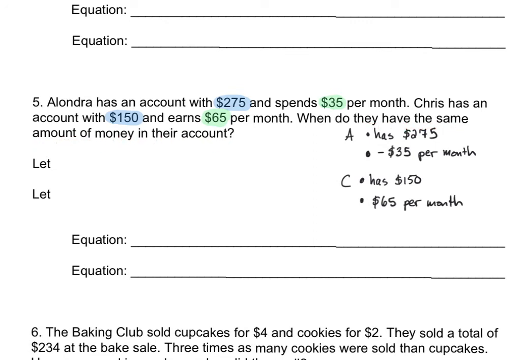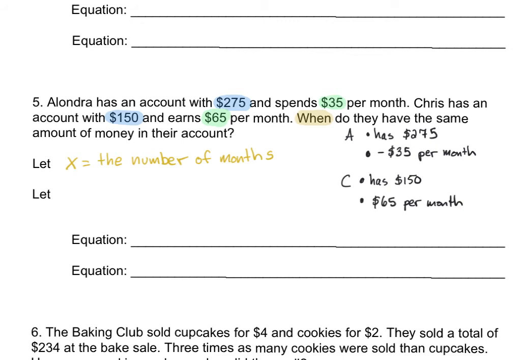So this is a little bit different, but it still tells us how to define our variables. We have two unknowns. The first one is when. We don't know at what time they'll have the same amount. And to help connect this to our slope-intercept equations, I'm going to say let x equal the number of months. So notice x is the time, and because in this problem our rates are per month, I'm going to say that this is the number of months.